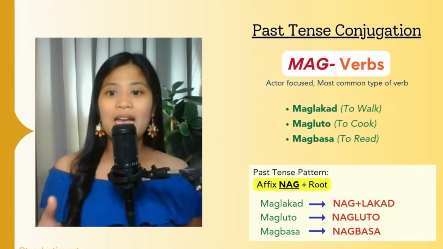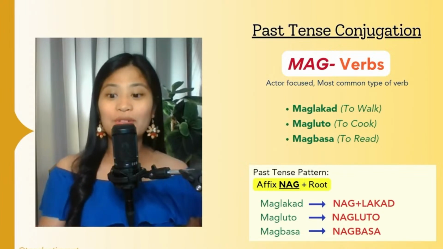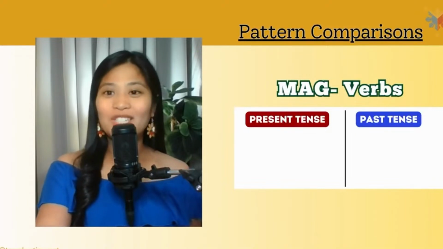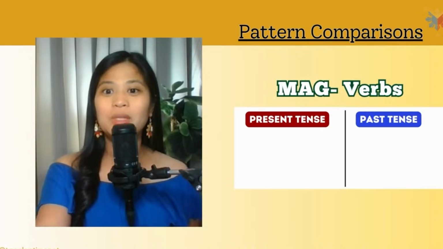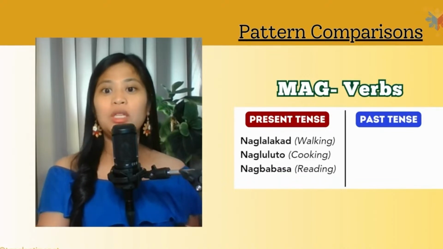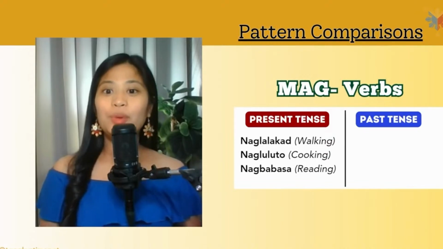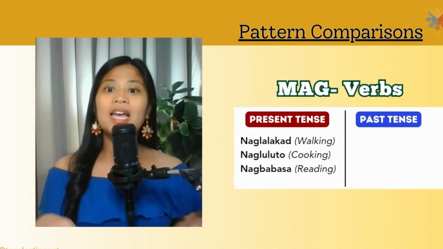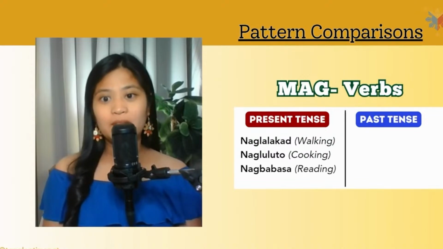So you can see how the pattern is nag plus the root, right? It's a little different from the present tense. Speaking of, let's go ahead and just compare the present tense to the past tense conjugation of mag verbs. So in the present tense, we learned naglalakad is walking. If you recall, the present tense conjugation of mag verbs is nag plus the repeated first syllable plus the root.